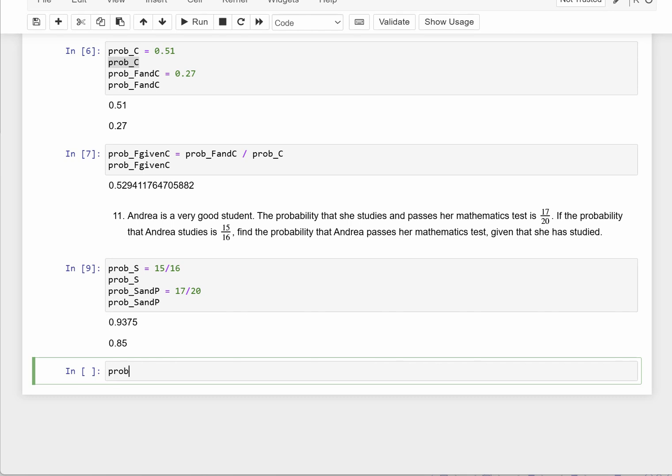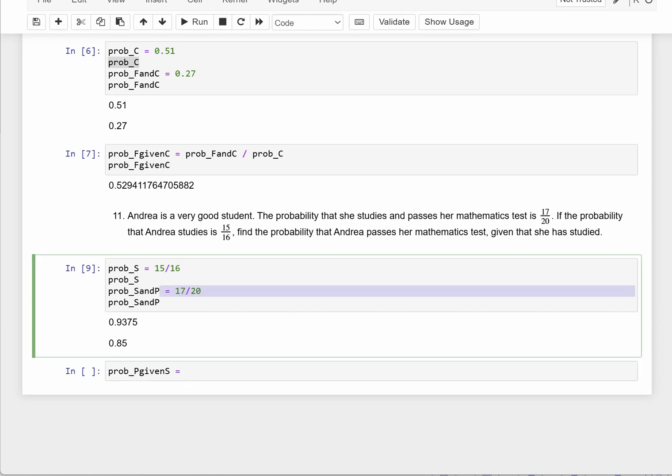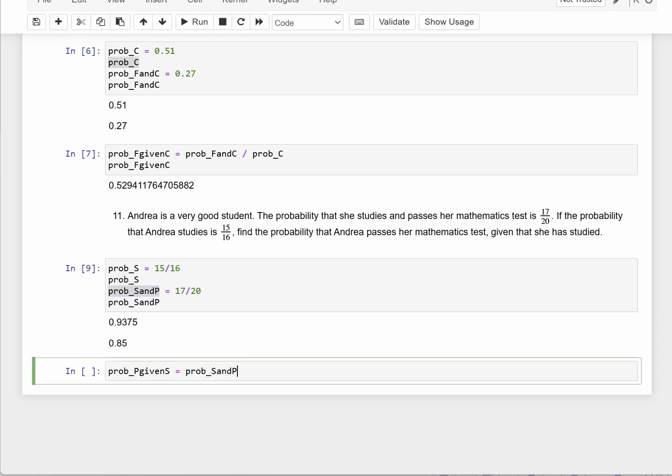And then the probability of P given S is going to be equal to what? It's going to be equal to the probability of S intersect P divided by the probability of S. Notation wise, we usually write this backwards so that I'm dividing by the thing that's on the right, not by the thing that's on the left.